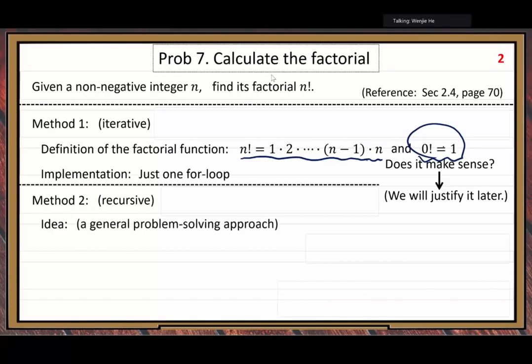Here we use the general problem solving approach. This is a very general problem solving view of recursion.